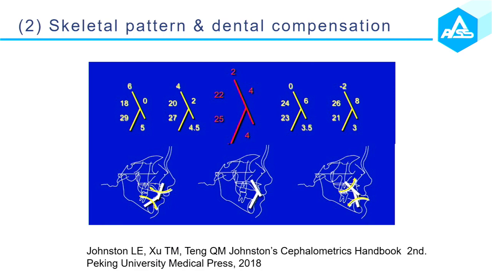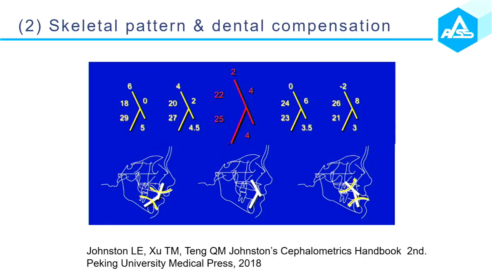But if it's a skeletal class 2, upper teeth need to tip lingually and the lower incisor tip labially to compensate the big ANB angle, right? And for class 3, it's opposite. Upper incisor needs to tip labially and lower incisor tip lingually to compensate the skeletal abnormal relationship, right?